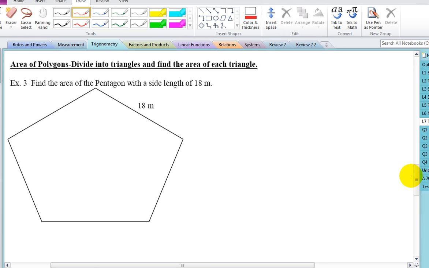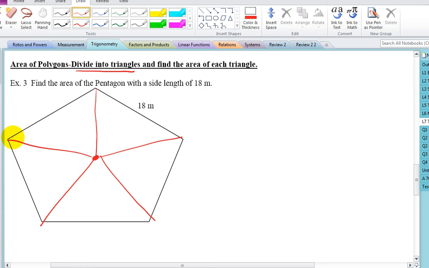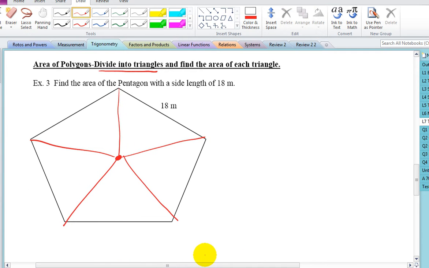Polygons. So what we want to do is divide a polygon into triangles. From the very center, you can divide all polygons into triangles. They'll all be equal. My drawing doesn't look great, but those are all equal triangles. So what we need is an angle.